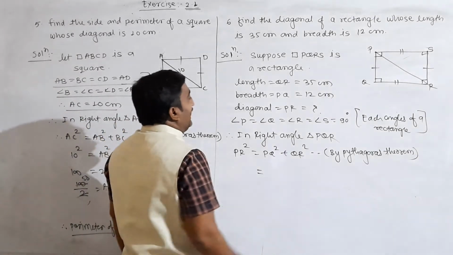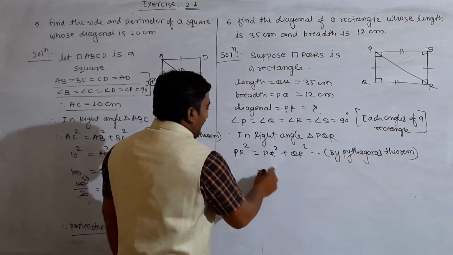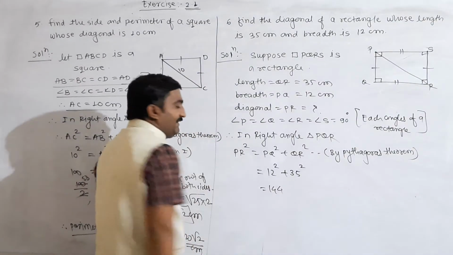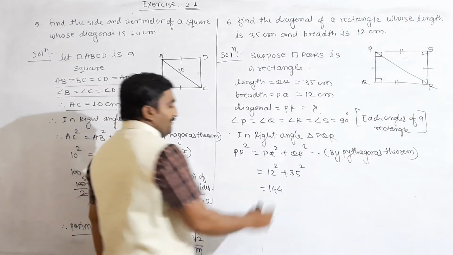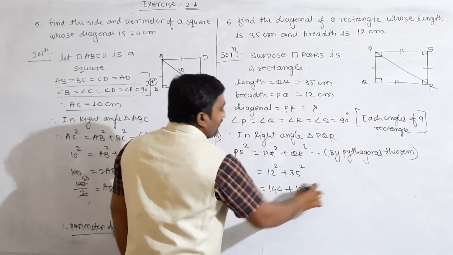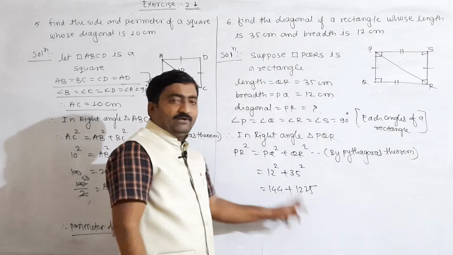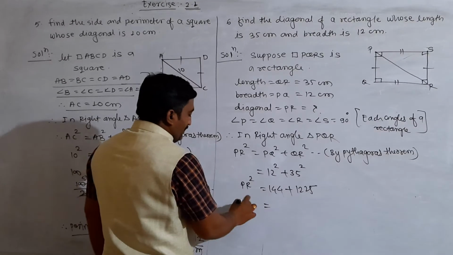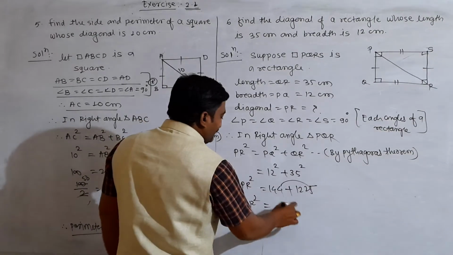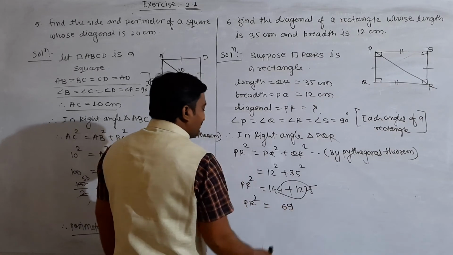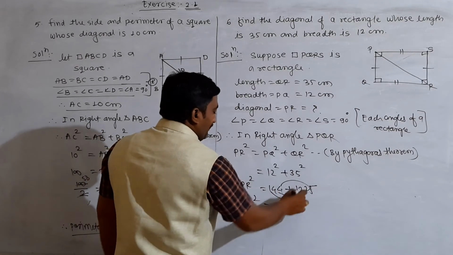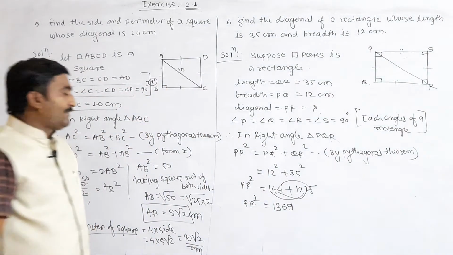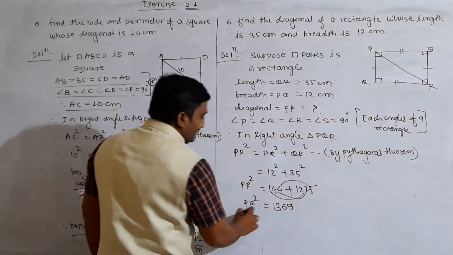So, by substituting the values, value of PQ is 12, 12 square plus 35 square. 12 square is 144, 35 square is 1225. By adding these two, PR square is equal to 1369.